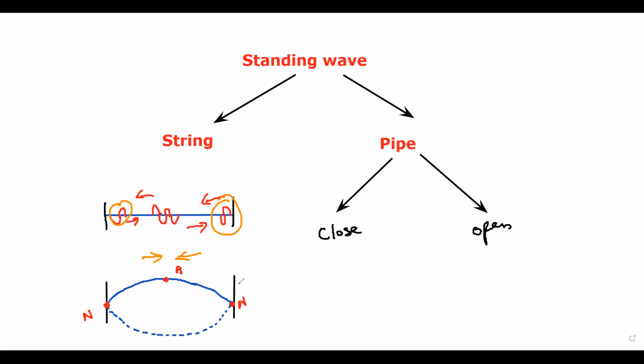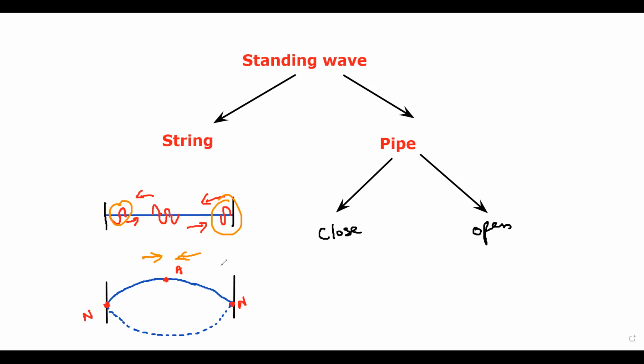So you should be able to explain how a standing wave is produced. What should your answer be if the question is how a standing wave is produced? Whenever two waves are traveling in opposite direction, you have to mention this term, traveling in opposite direction, because if they are traveling in the same direction, they cannot give rise to a standing wave. The two waves traveling in opposite directions combine with each other, creating a region where they interfere or superimpose.